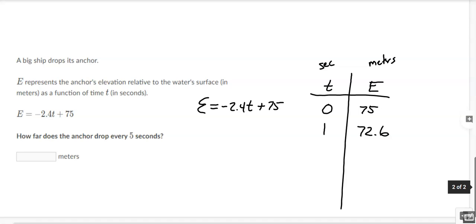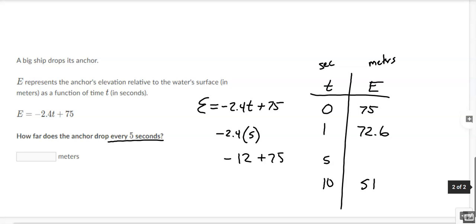If I skip down to 10 seconds, 10 times 2.4 is 24. So I'd have negative 24 plus 75, which will be 51. So it's getting closer to the water. So how far does the anchor drop every 5 seconds? Let's put 5 seconds in. Negative 2.4 times 5 is negative 12, plus 75.